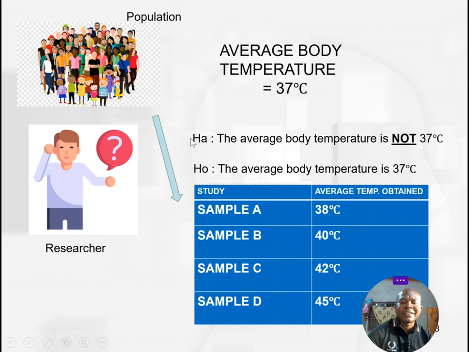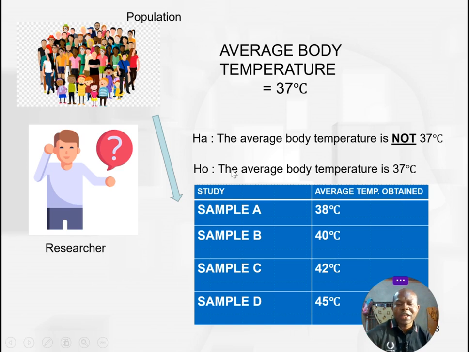Then the researcher will come up with what we call an alternative hypothesis, which will be stated as what we have on the slide: the average body temperature is not 37 degrees Celsius. Now, of course, for every alternative hypothesis, there will be a null hypothesis, which is the neutralizing position, the position saying that we don't really need to change from what we have been used to.